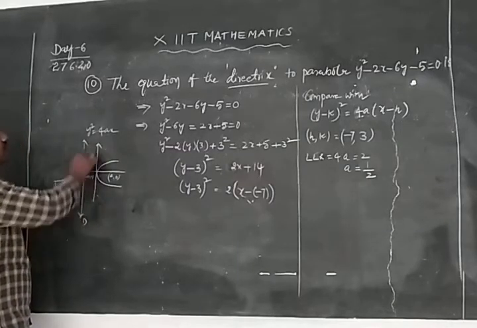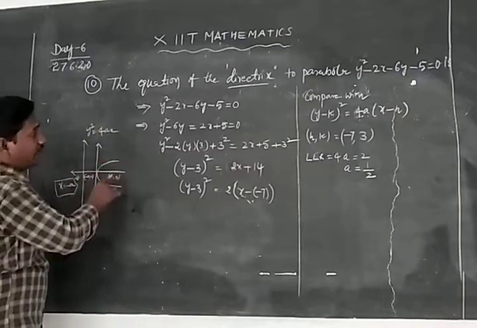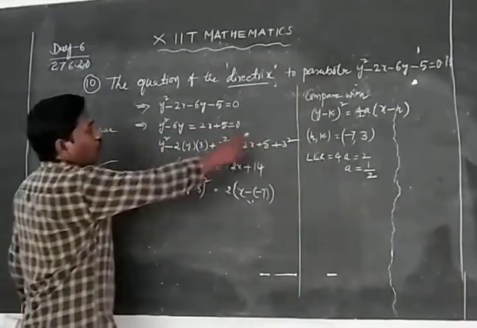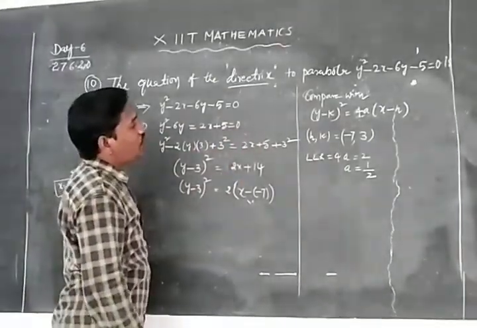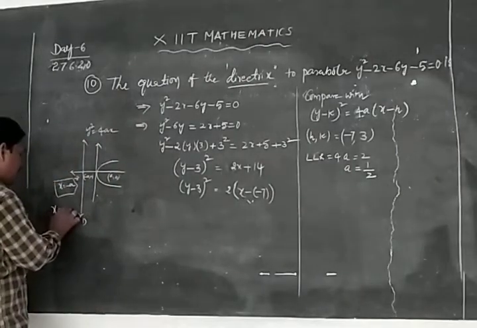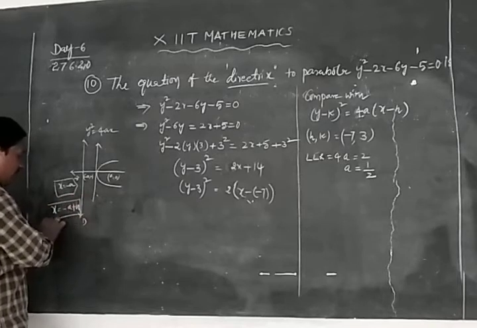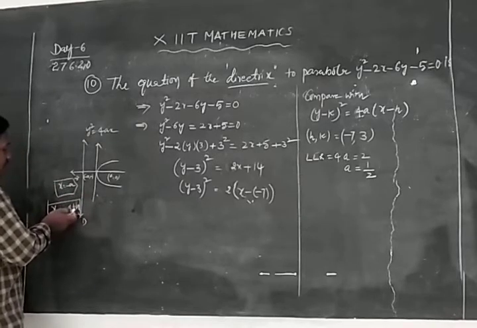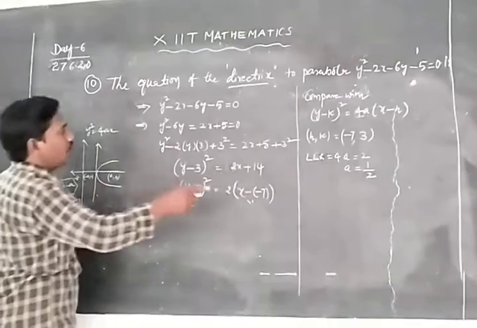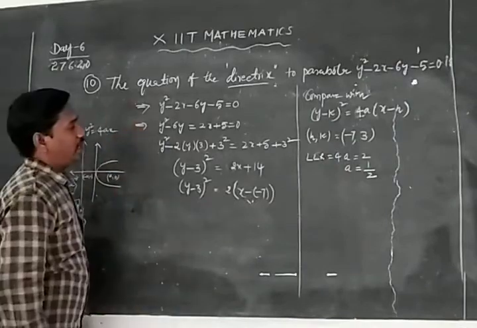But the equation of the directrix of y minus k whole square equal to 4a into x minus h is x equal to minus a plus h. h should be added to the x value and k should be added to the y value for the directrix of the parabolas.